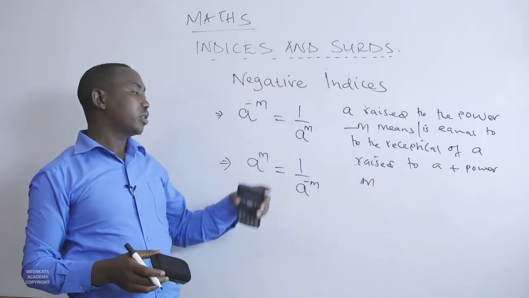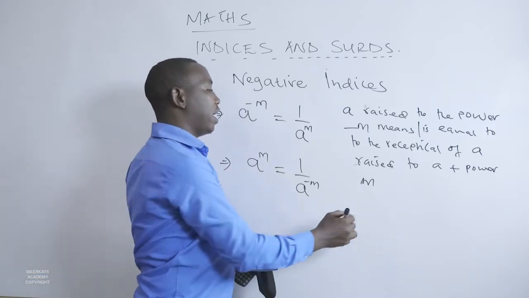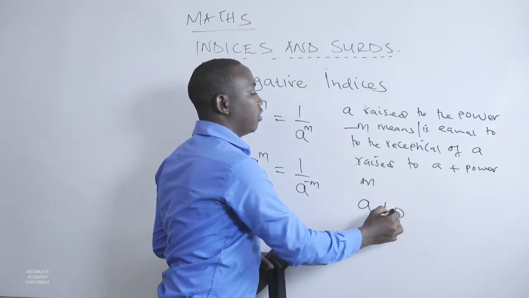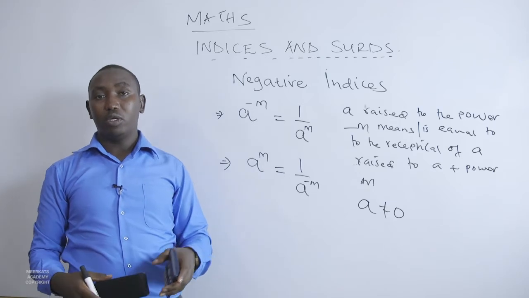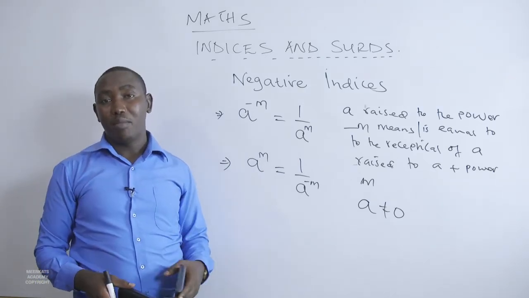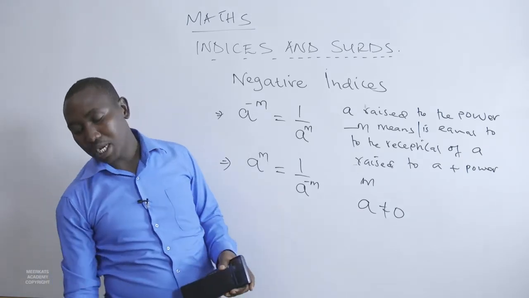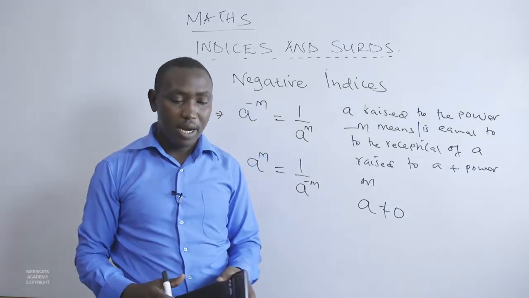And this scenario is always applicable whenever a is not equal to 0, because you know how tricky it is to divide a number by a 0. The number will be so big, which we normally term as infinite.